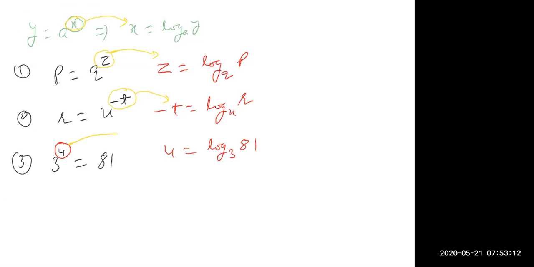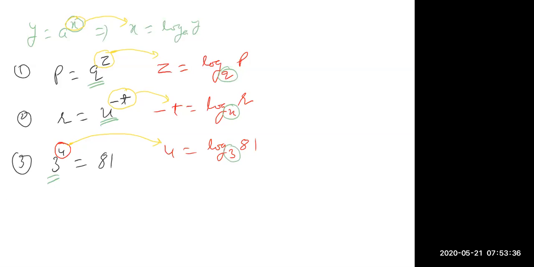Index is 4, so this is coming in the front. Then base: base will remain base. Here q is the base, here u is the base, here 3 is the base. So this is the q base, here u, here 3.